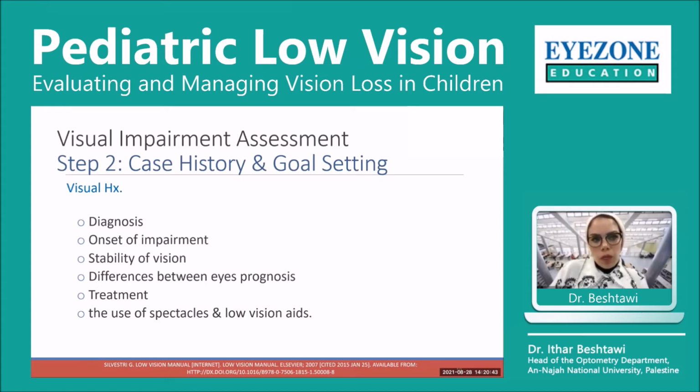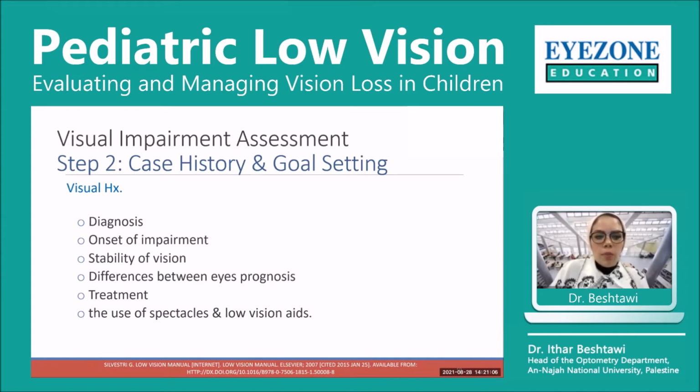Additionally, during the visual history, you need to get information about the pathology itself, if the parents know the diagnosis or not, and if they know the condition itself and its prognosis, the onset of the impairment, duration and circumstances.